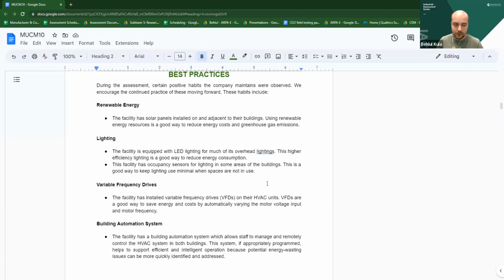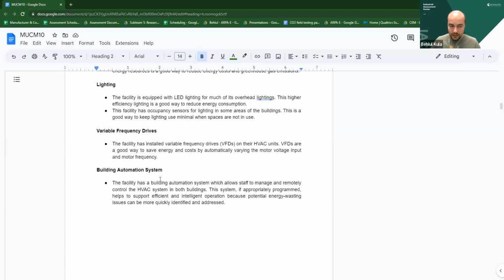It's a very good thing also. We also noticed you have VFDs on your HVAC equipment. And you also have a very good building automation system that you can use to do basically whatever you want. It's a very good way to reduce your energy consumption because you can program it according to your needs. We also have some recommendations about it.